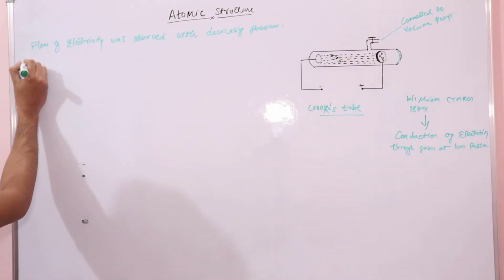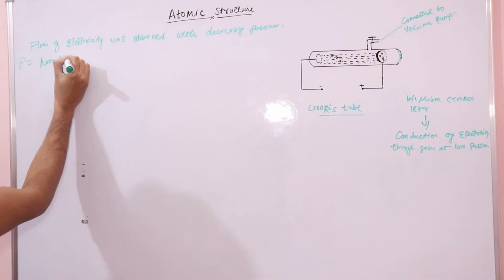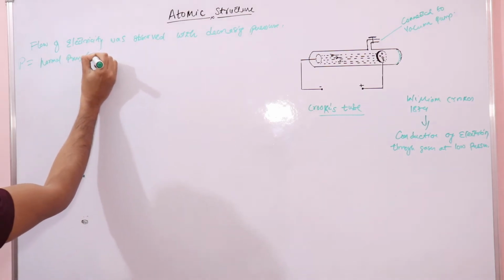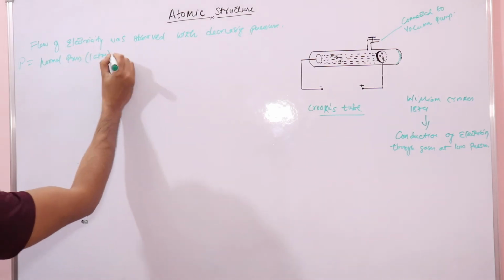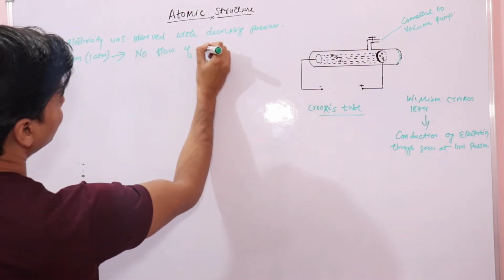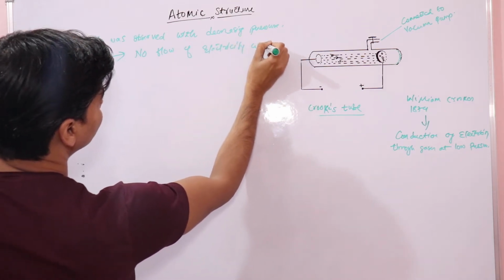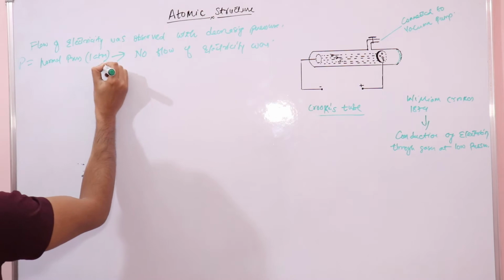When the pressure was normal, which is 1 atmosphere, no flow of electricity was observed.